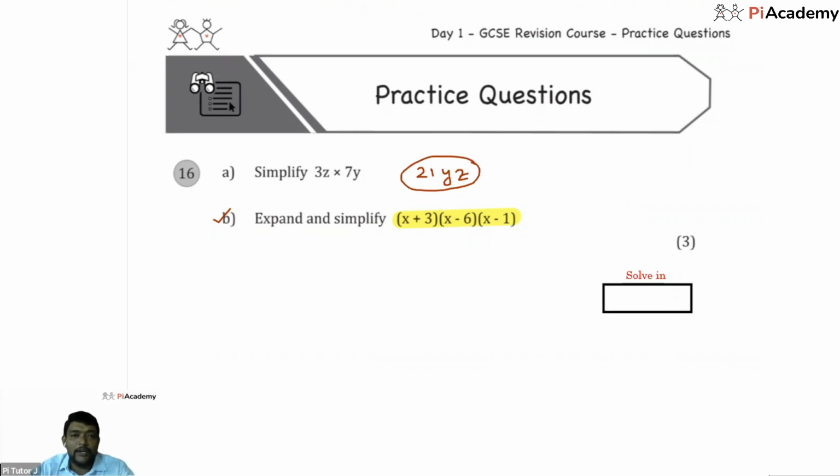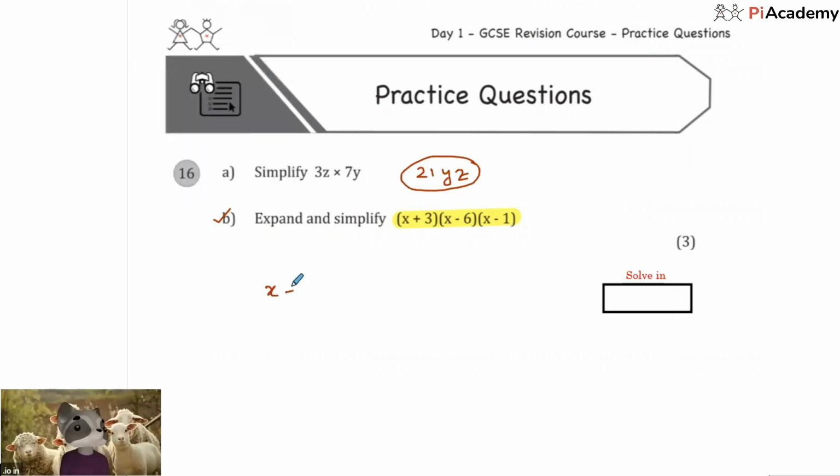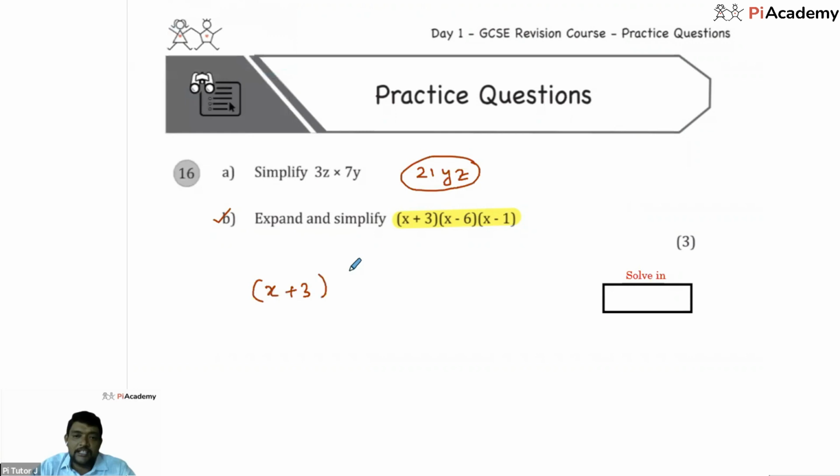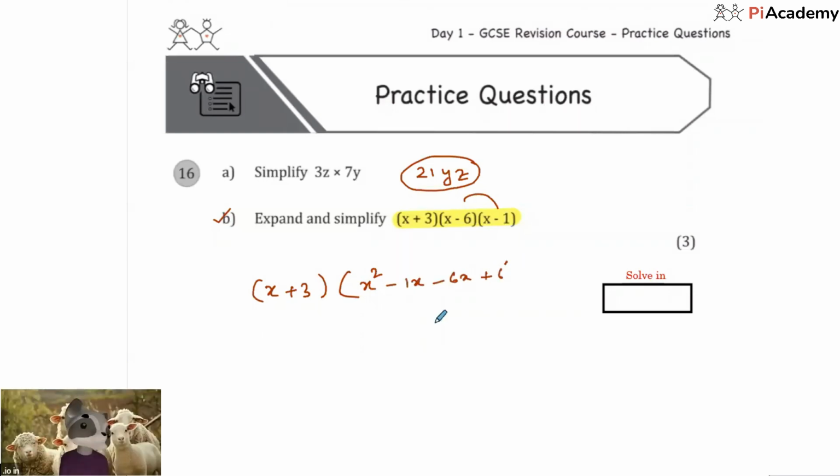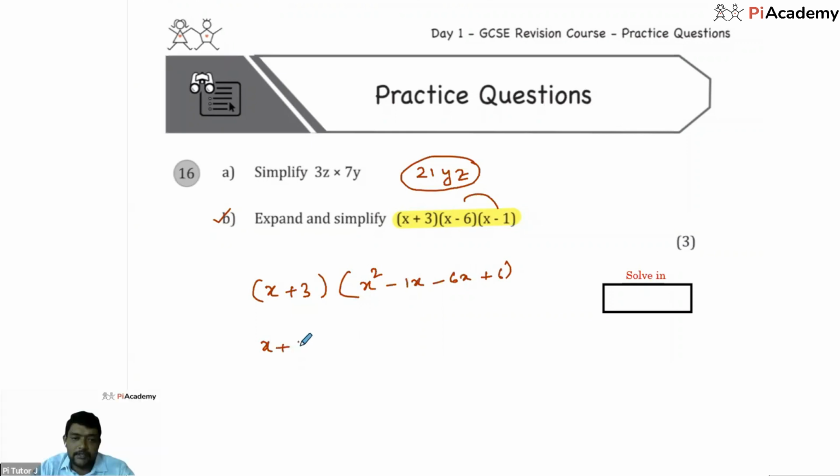See, how I do this is, I have x plus 3 here, and I multiply x minus 6 times x minus 1, which is x squared minus 1x minus 6x plus 6. So you have x plus 3 times x squared minus 7x plus 6. Okay.